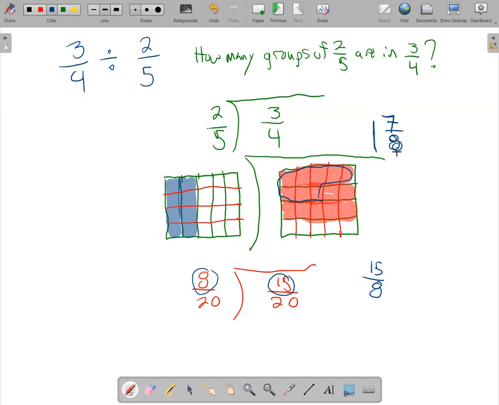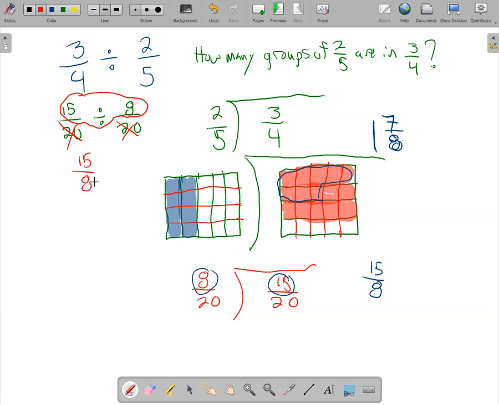Now, funky thing about that is if I go back up here and rewrite the 3/4 as 15 20ths divided by the 2/5 as 8 20ths, once I find that common denominator, I don't need it anymore, and the answer is right there. The answer is 15/8.